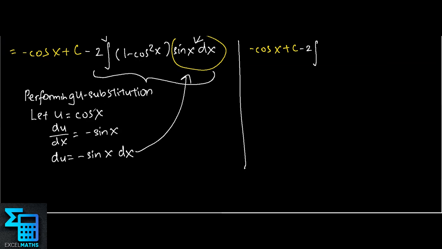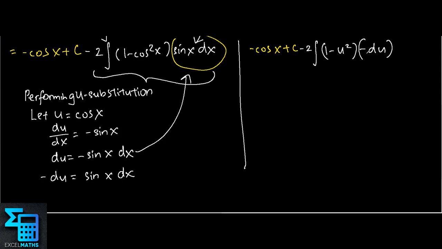So we sub in u equals cosine x, so that will be 1 minus u square. Okay, so the difference between here and here is the negative sign, so we have to take note of the negative sign. So this means that negative du is equal to sine x dx. Okay, so when we sub in, that will be negative du.